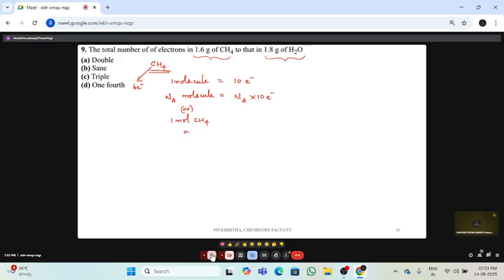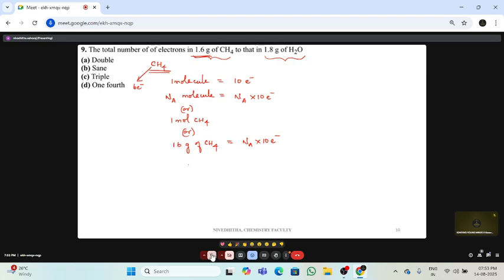I want it in terms of grams because the question is in terms of gram. So 1 mole of methane is 16 gram of methane, right? So 16 gram of methane contains Avogadro number into 10 electrons.